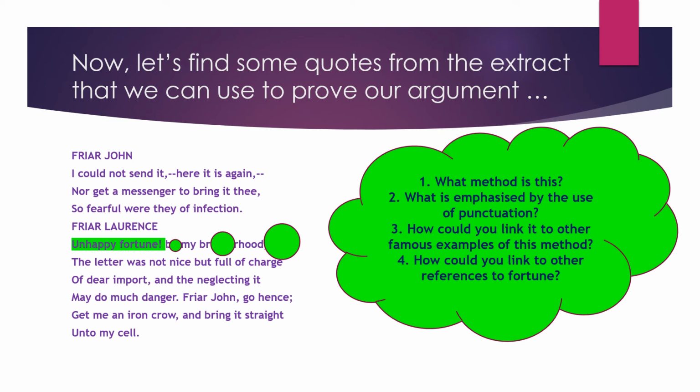Thirdly, how could you link it to other famous examples of this method elsewhere in the play? And fourthly, how could you link to other references to fortune? So perhaps consider what Romeo cries out in Act 3, Scene 1 after the deaths of Mercutio and Tybalt.